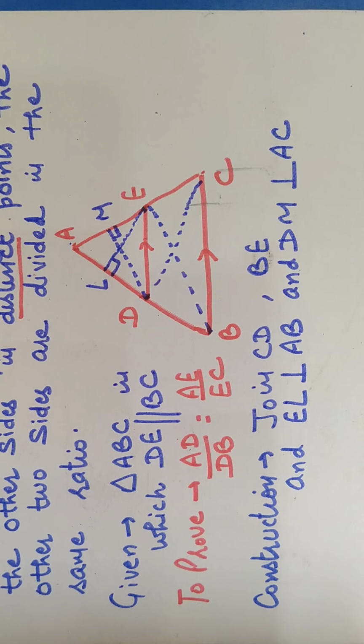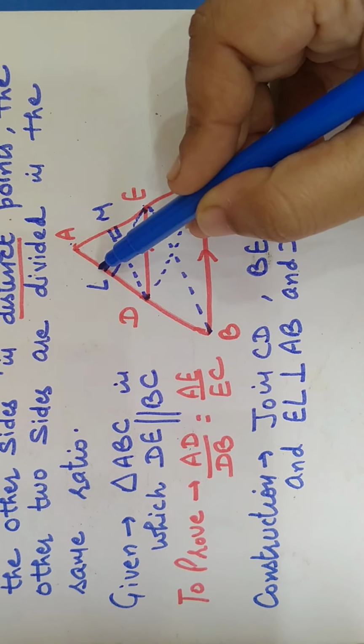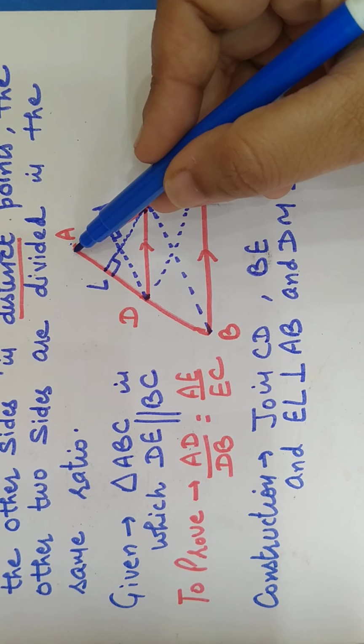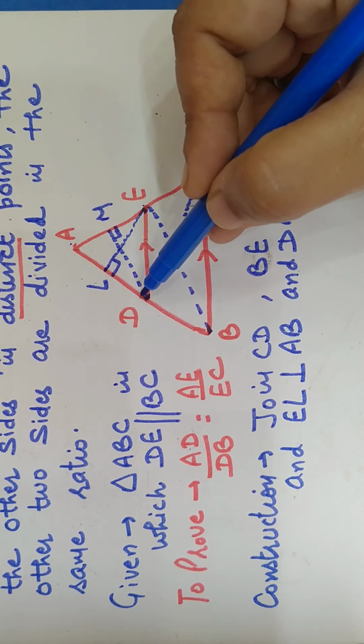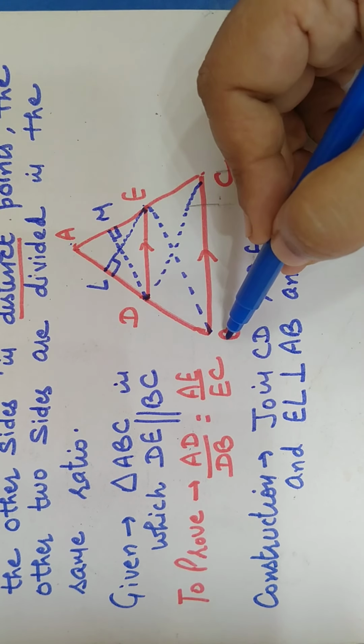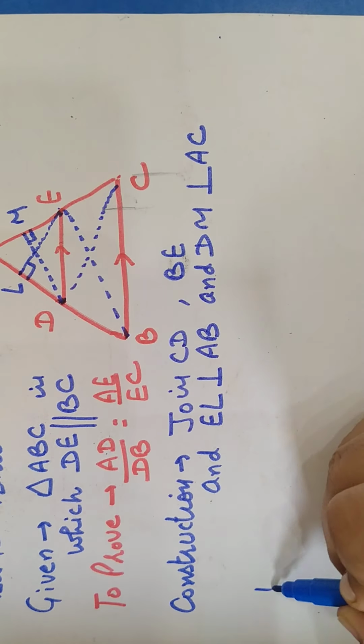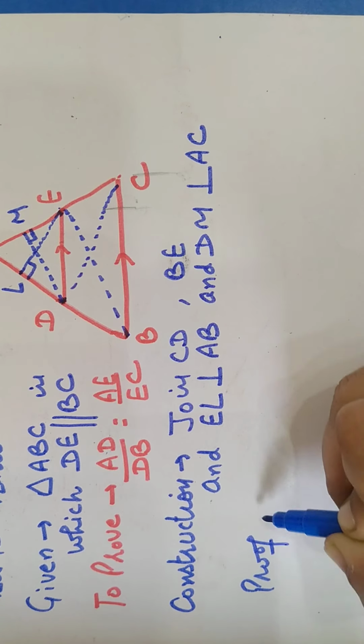So if we say that EL is perpendicular on AB, it means EL is perpendicular on all the parts of AD or DB. Now we have to start the proof.